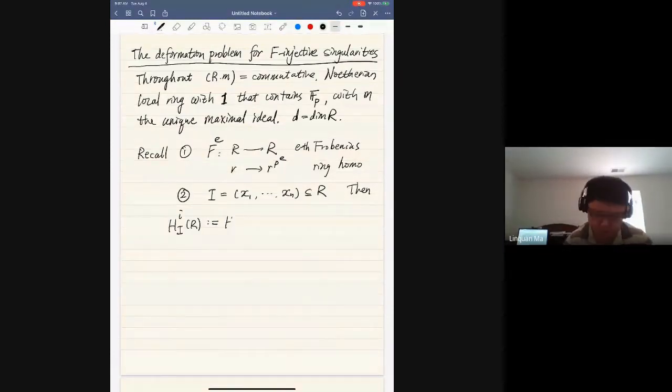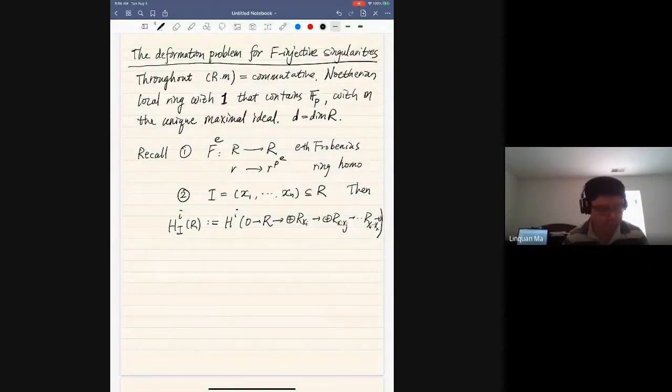This is the ith cohomology of the Čech complex.